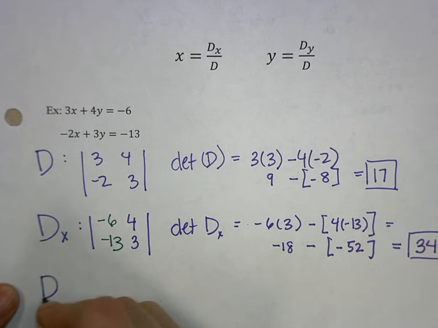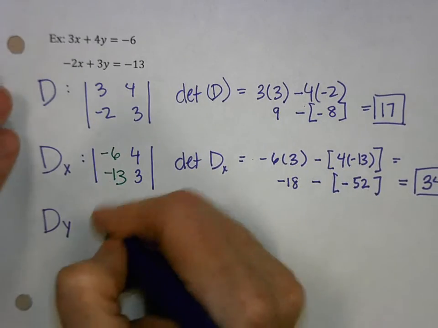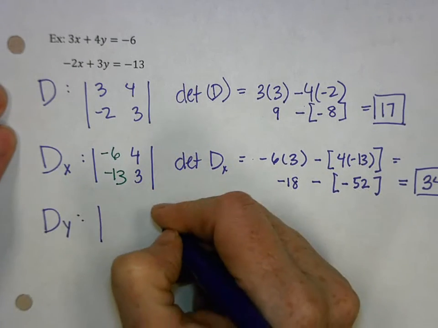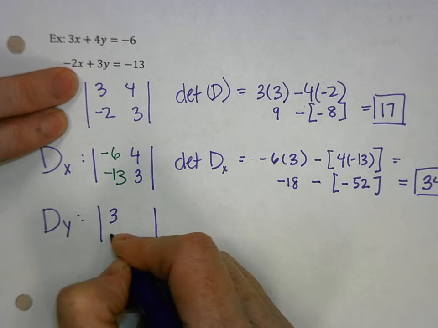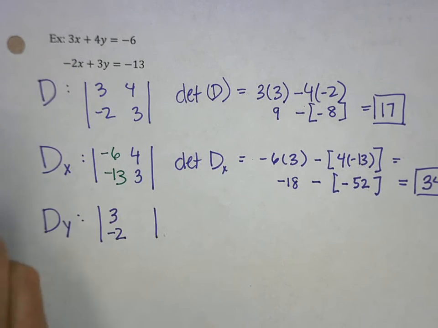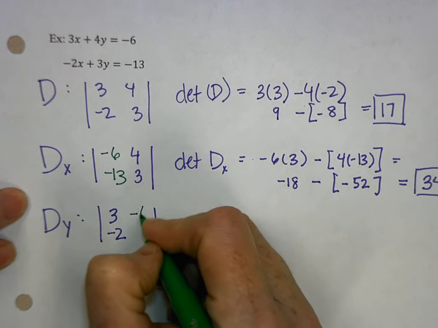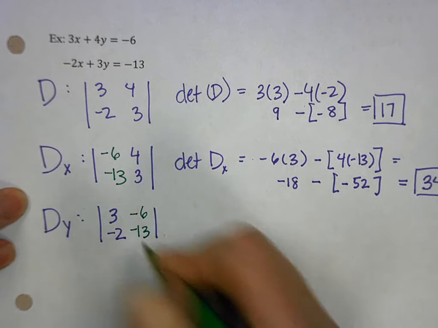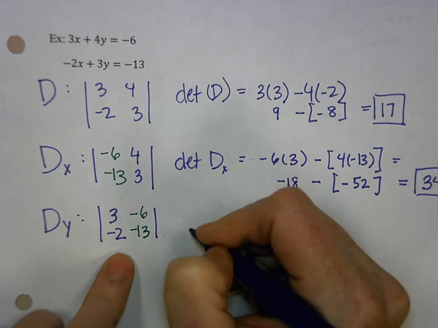All right, let's do it again. D of y. What is D of y? Well, again, I'm going to go back to my D matrix. I'm going to keep the x column. I'm going to replace the y column with negative 6, negative 13. Now I'm going to take the determinant of this matrix.